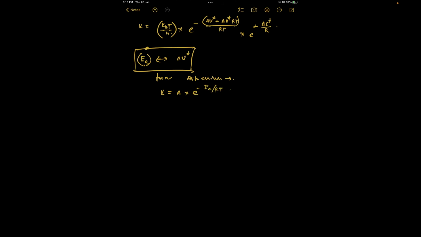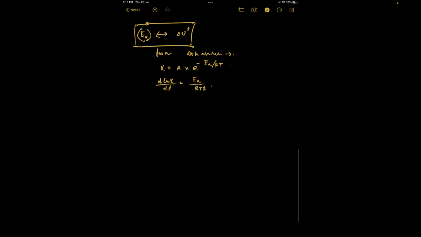So if you differentiate ln k with respect to T, you will get EA divided by RT square. And from thermodynamics you also know d ln k by dT equals delta U double dagger by RT square.